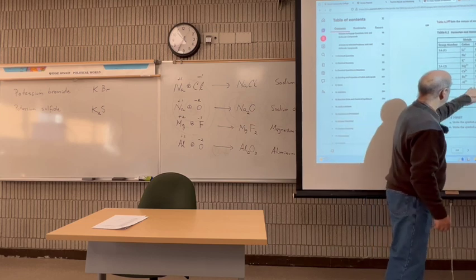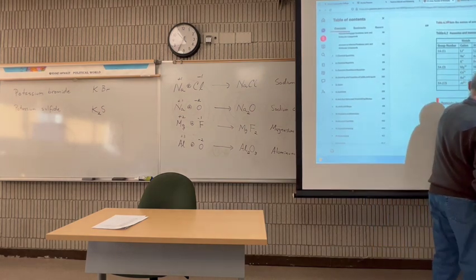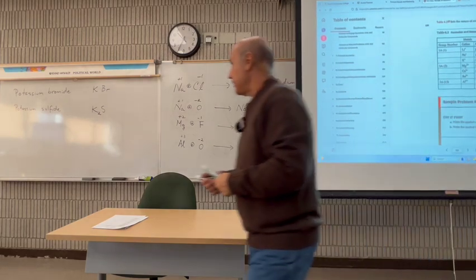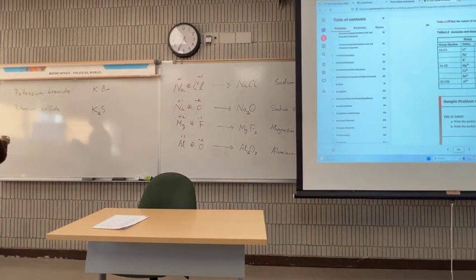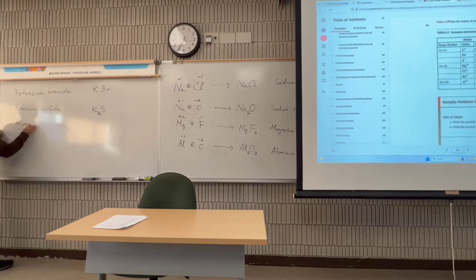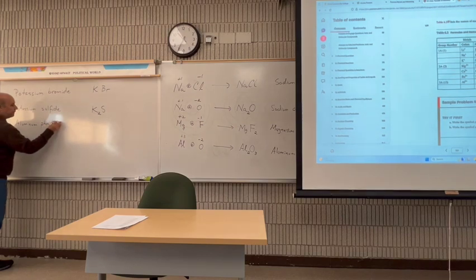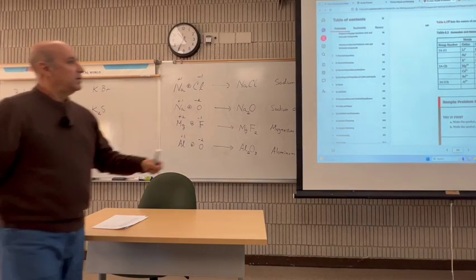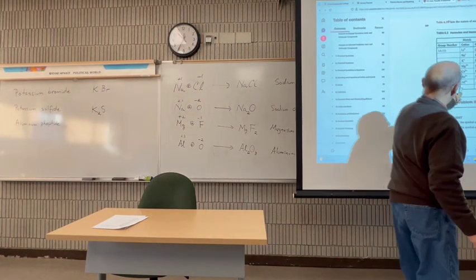Now, some of them are a little bit trickier than others to write. So for instance, let me ask you, what would be the formula for aluminum phosphide? According to this little table, aluminum has a charge of 3 plus.